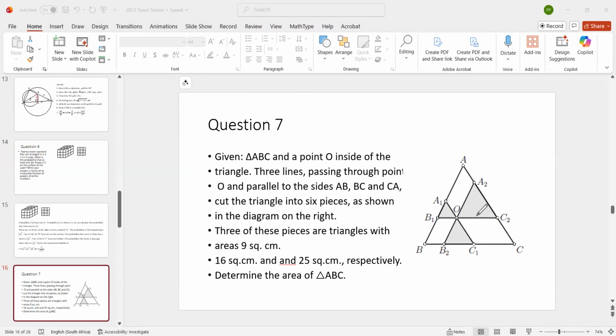Okay, so this line is parallel to this, and this line here is parallel to this. And there's one other line, this one here, is parallel to that. Okay, so you have a number of similar triangles here.